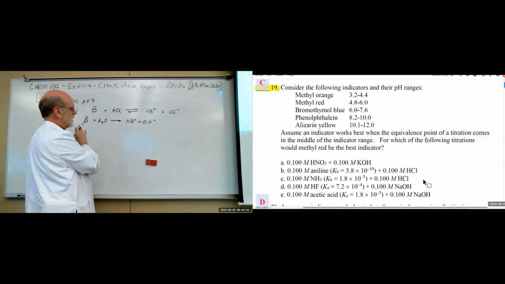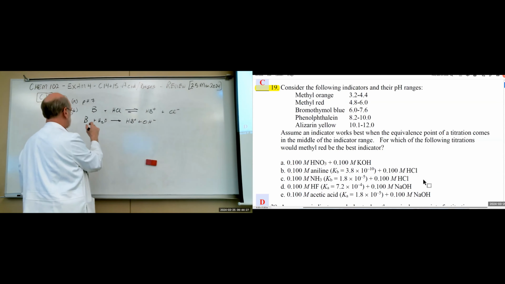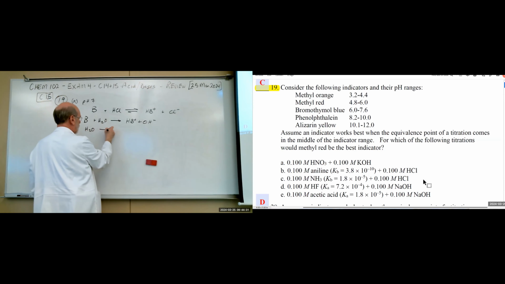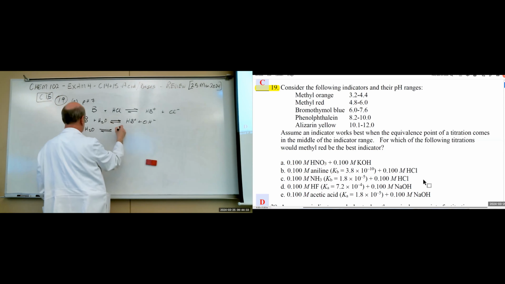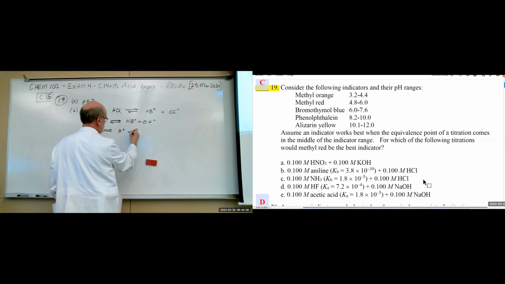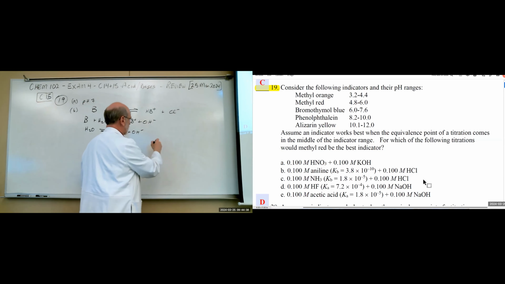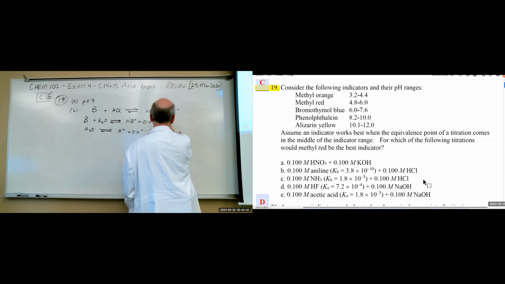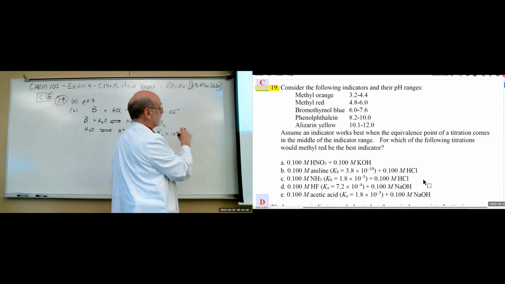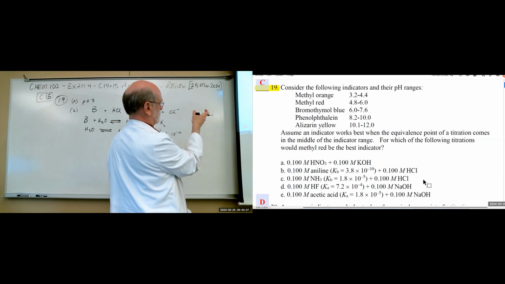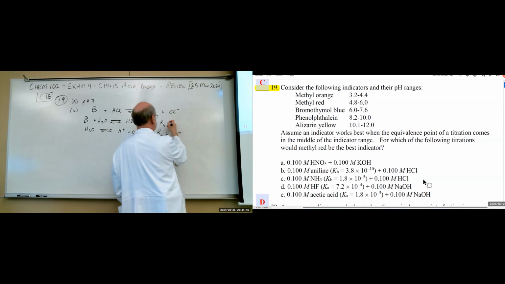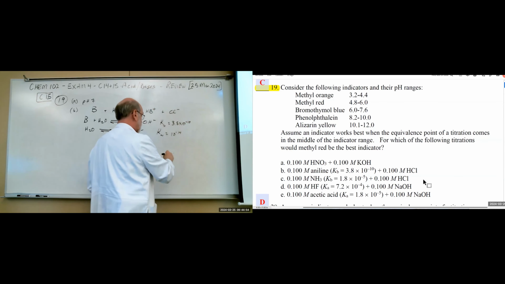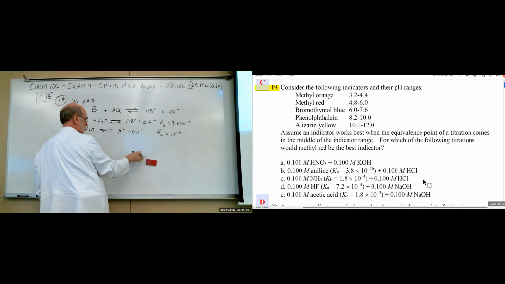We have water, water can do this: H plus, OH minus. And this Kw is 10 to the minus 14. What's this Kb? All right, well, we're given the Kb, right? Where is it? Kb, 3.8 times 10 to the minus 10. Right. So this one is going to dominate the reaction. We don't have to consider water.